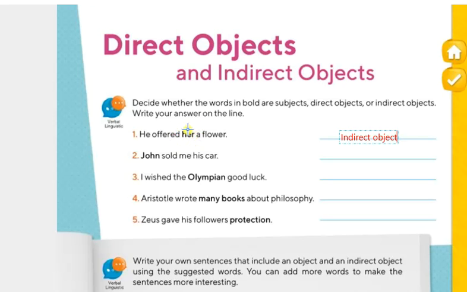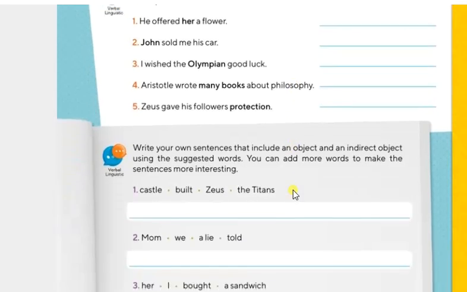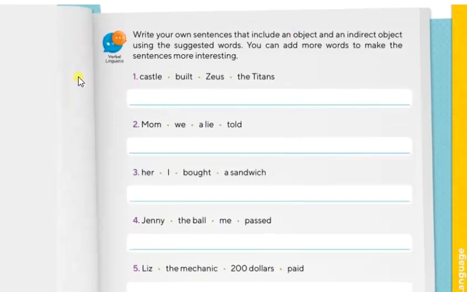To her. That's the indirect object. The other, number 2, 3, 4, and 5, you have to do it, okay? Then we have to continue with the other exercise.